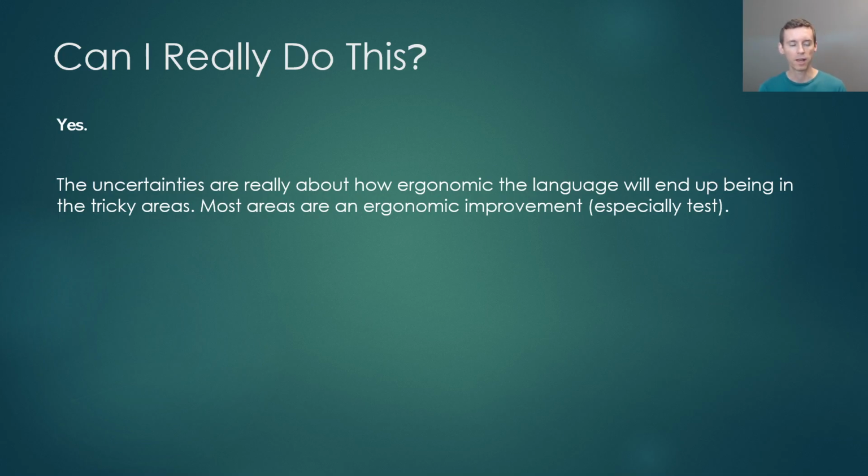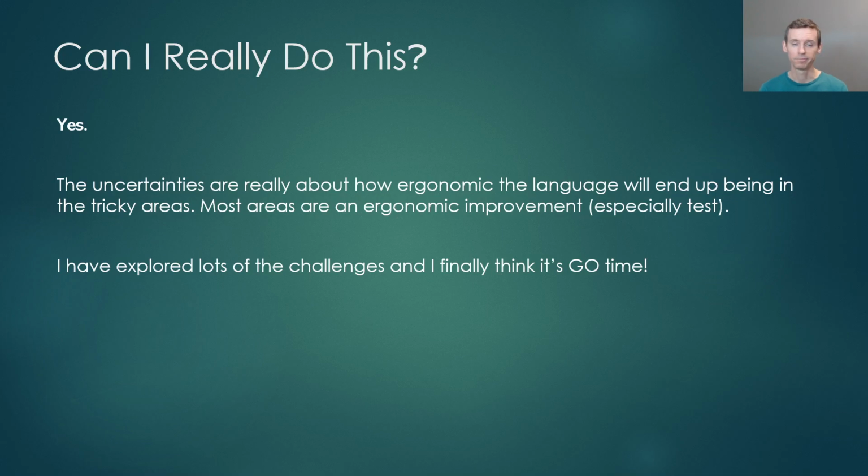How nice to use is Fin going to be in the tricky areas like const? Overall, I think it's a massive ergonomic improvement, especially in test. But yeah, we need to explore it and see just how nice it is to use in the hard spots. Yeah, it's go time, baby. Let's go.